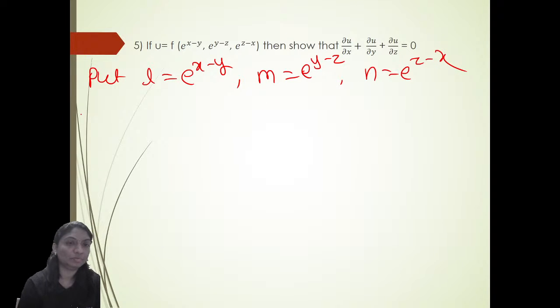So again by using the chain rule, you will get ∂u/∂x. Now if you observe, u is a function of L, m, n and L, m, n are functions of x, y, z, right?